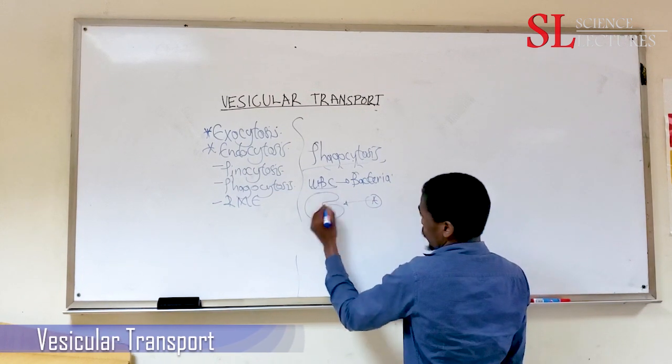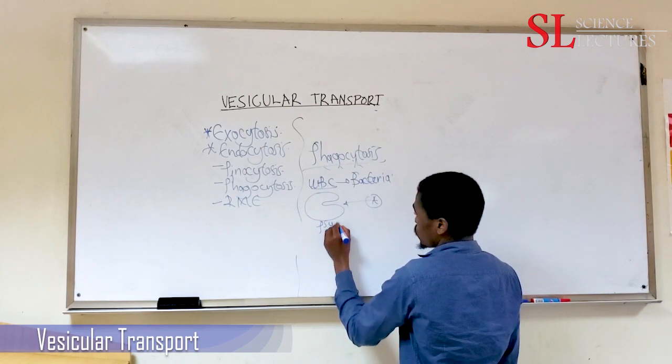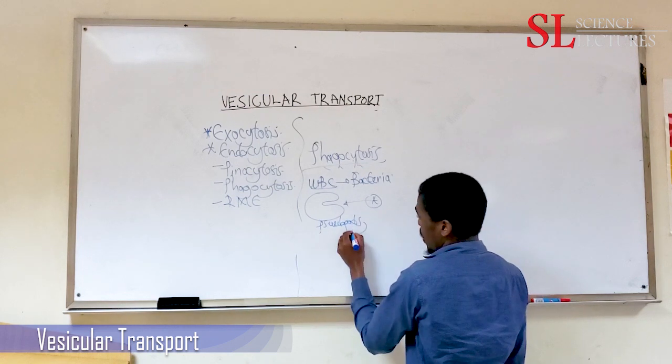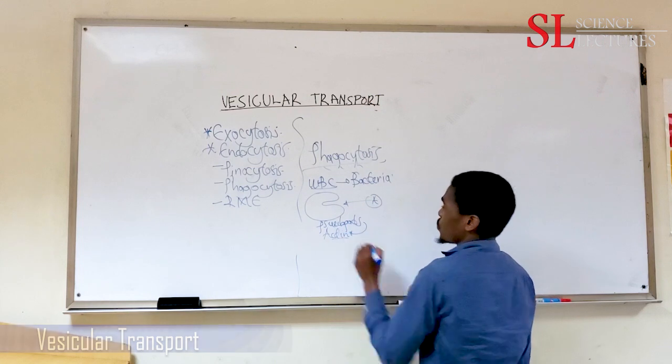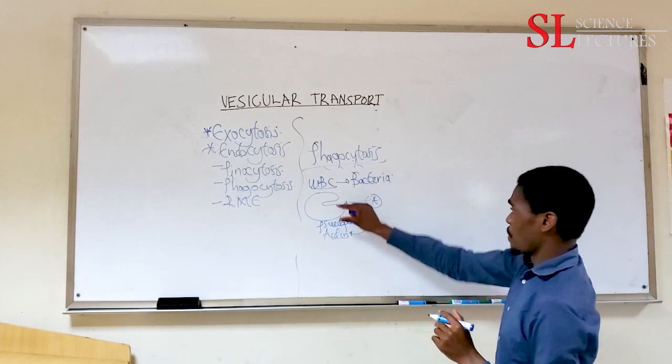Then the white blood cell forms pseudopods, through the action of the actin filaments, so it engulfs the bacterial cell.